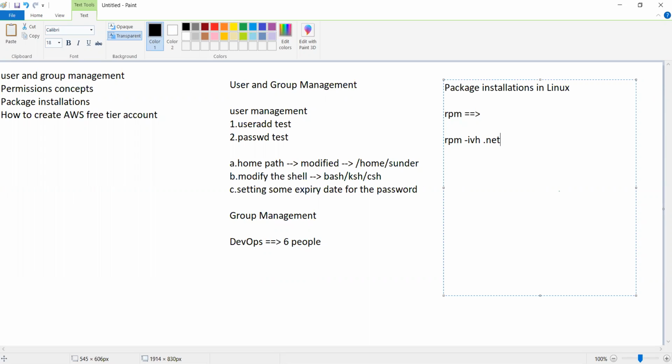But the disadvantage with RPM is it will not resolve the dependencies. So if I am planning to install this particular package, let's say rpm -ivh .NET, right?